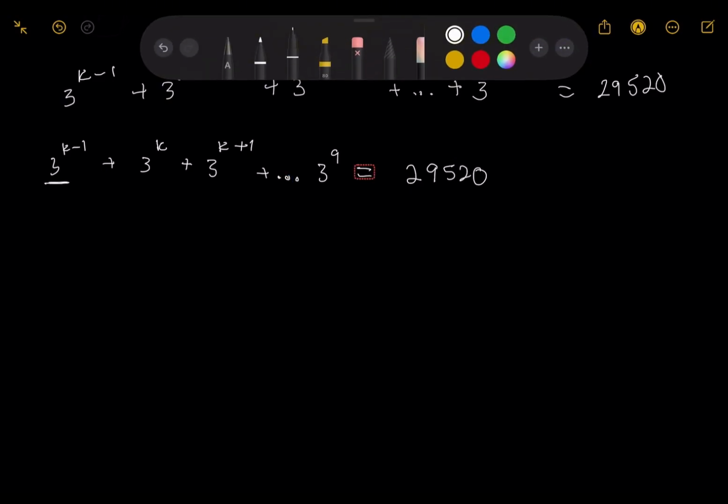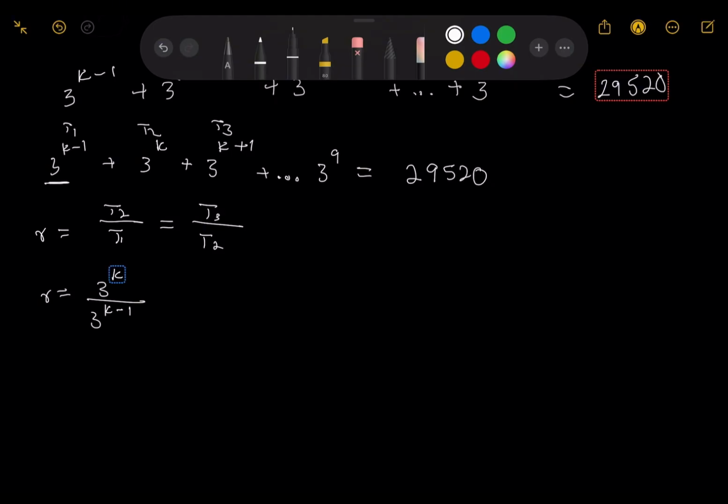How do we get r? Recall, we just said r is equal to t2 over t1, which is also equal to t3 over t2. Substituting our t1, t2 and t3, we have r equal to 3^k over 3^(k-1).